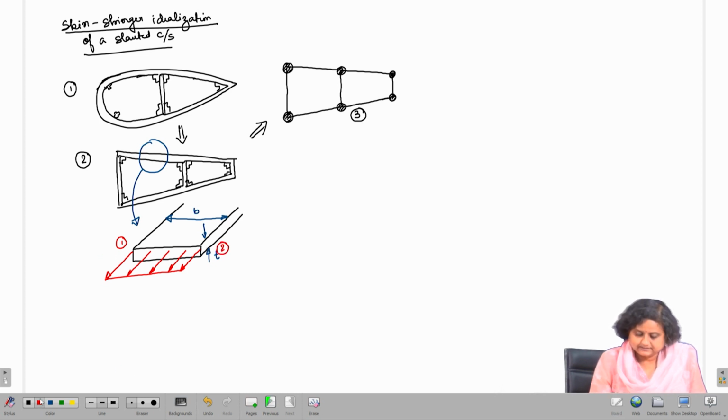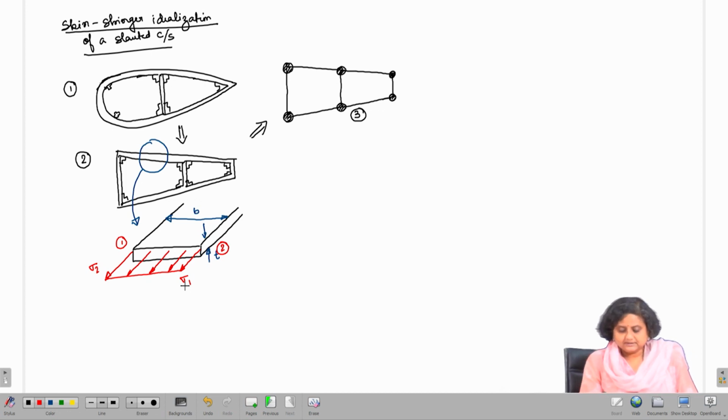Let us say that the stress here is sigma 2 and the stress here is sigma 1. Now, if I want to idealize this cross section, this portion is going to be replaced by a thickness-less skin and two booms B1 and B2, at point 1 and point 2.